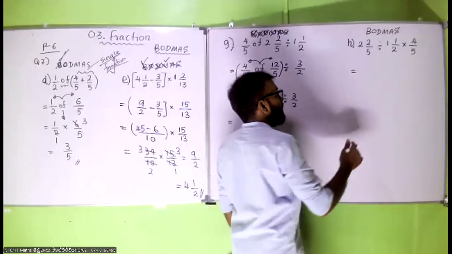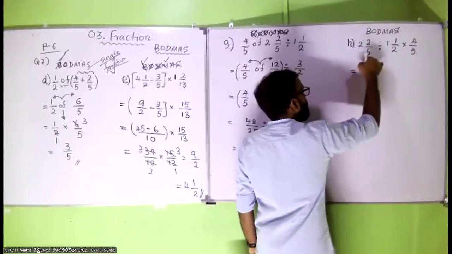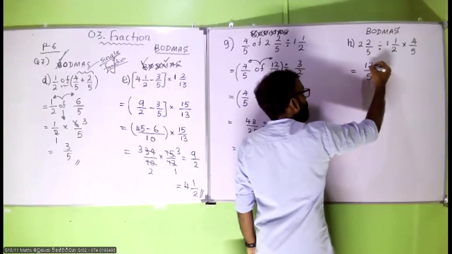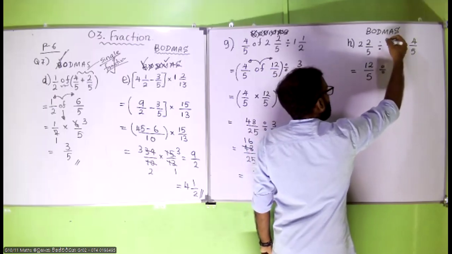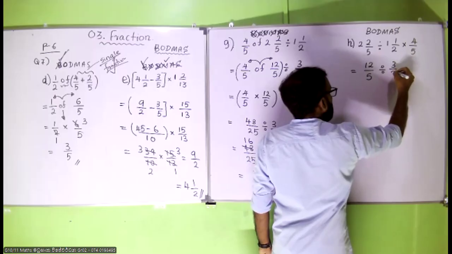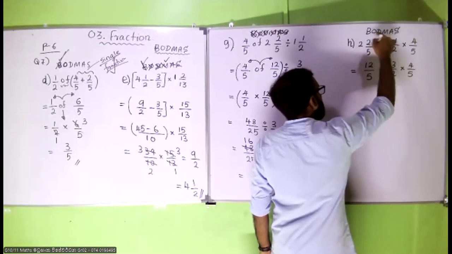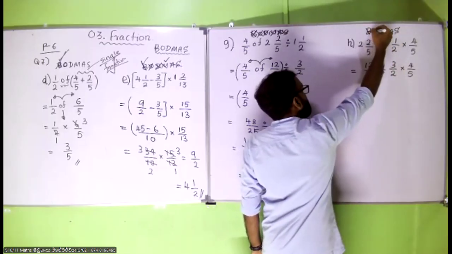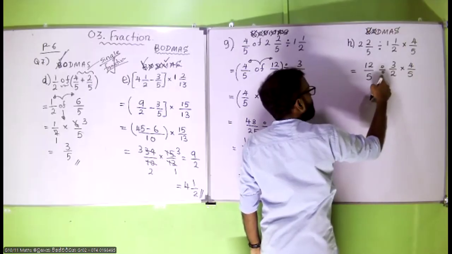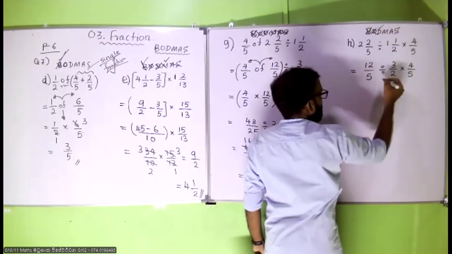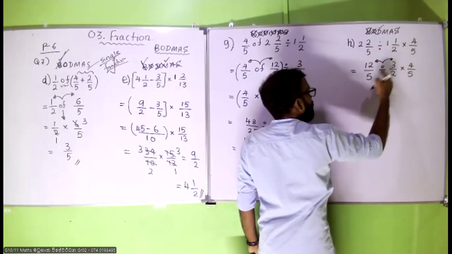Here 2 and 5 upon 2 can be converted into 5 times 2, 10 plus 2, 12. Division mark. 2 times 1, 2 plus 3, 3 upon 2. Done. 4 upon 5. Now I can use BODMAS. Do we have brackets? No. Do we have of? No. Do we have divisions? Yes. So I am going to do division, on this side fraction and this side fraction.